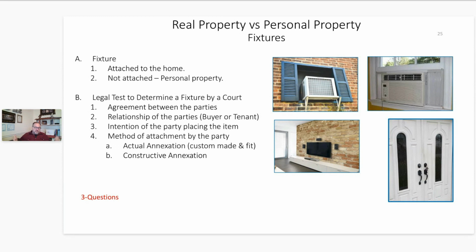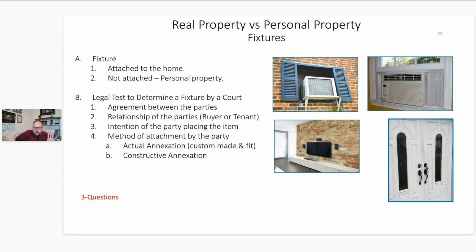And now most of the time you got these apps on these TVs now that you don't even need cable anymore. So the point is the bracket is the only thing that's mounted permanently to the wall. That's permanent. That's the fixture. The TV slides off like the air conditioning unit does and closes the windows. So that's considered personal property.